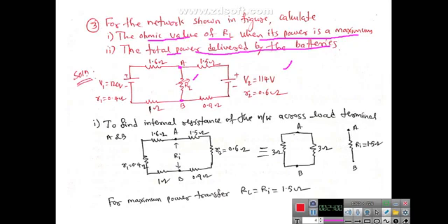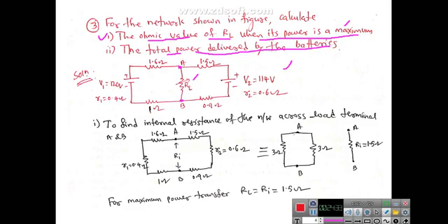So in order to find the answer for the first part, that is the ohmic value of the resistance RL when the power is maximum, the first thing to do is remove the load resistor and replace the voltage sources by their internal resistance. Then you find the resistance across the open-circuited terminals. That is what you can call the internal resistance of the network, also referred to as Thevenin's equivalent resistance.